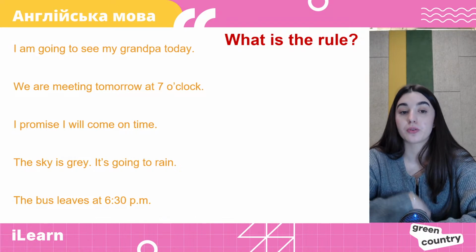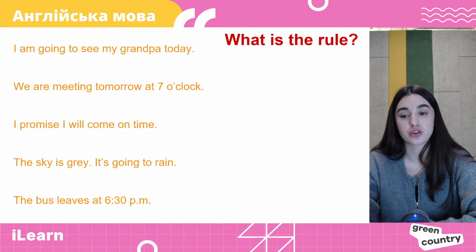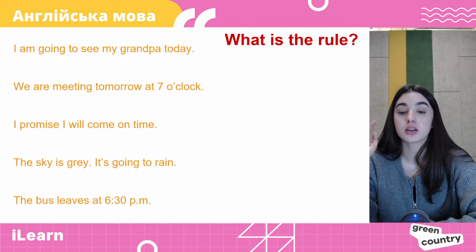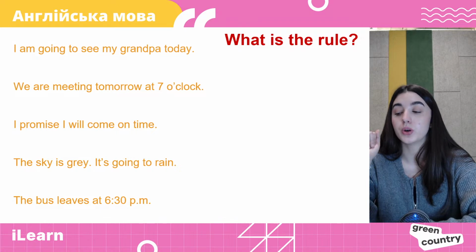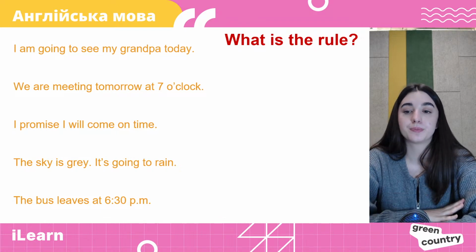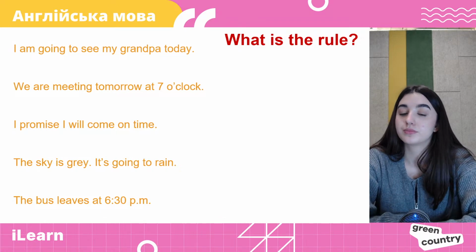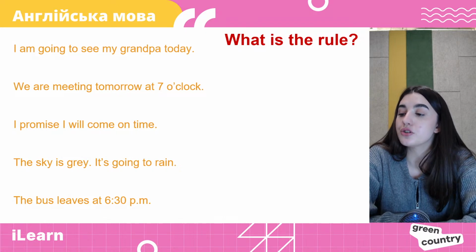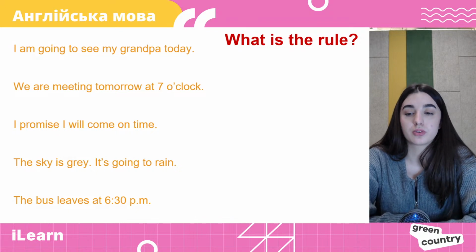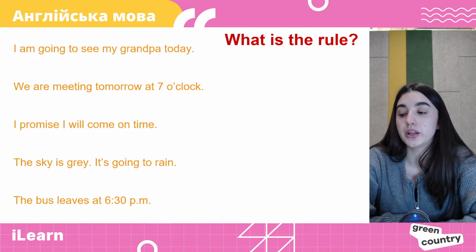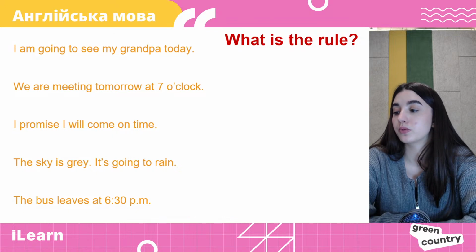We discussed with you future arrangements, intentions, promises, predictions, and schedules. What is it? What rule is it? Yeah, I can say that you are right in the structure that is used, but what is the rule of this structure? When do we use to be going to?